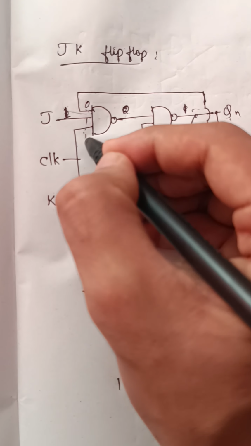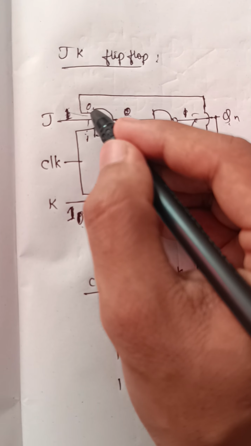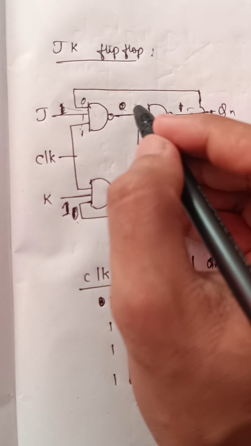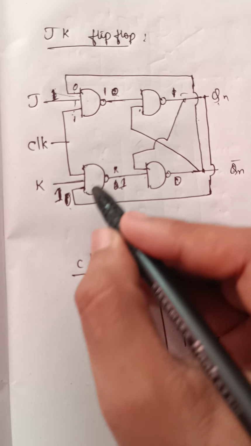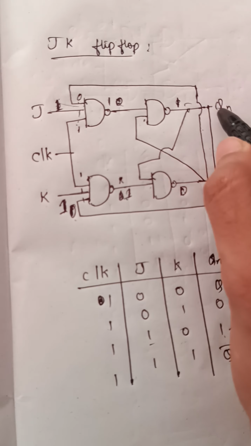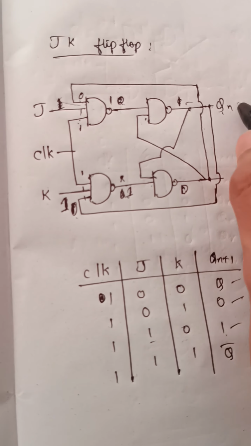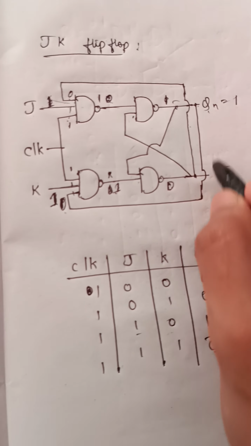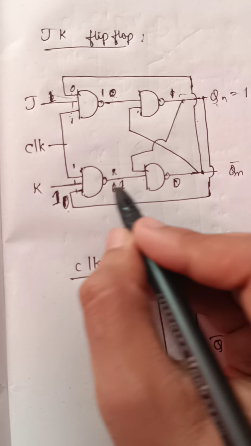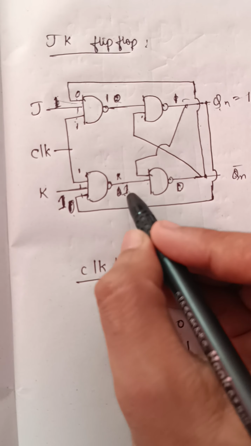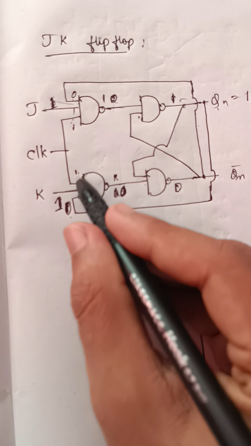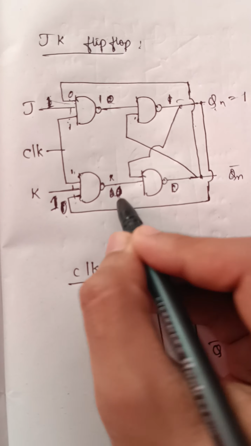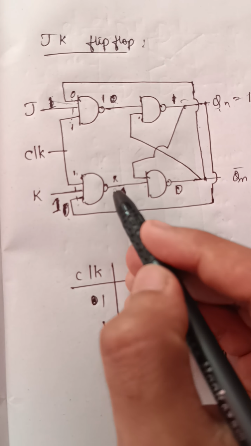Here 0 1 1. If a single 0 is present in the NAND gate, then it will give 1, and here all are 1, okay, because from this Qn is 1 here, and this Qn is taken here and it will give 0, okay, because NAND gate of 1 will become 0. Here is 1 and here is 0.